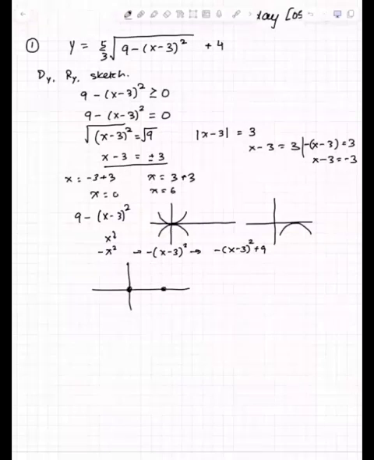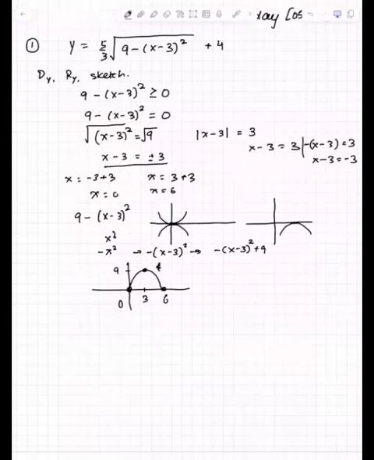X-intercepts at 0 and 6, right? That's this guy. Okay, now what is the vertex of this? Well, we shifted this guy, which was 0, 0, flipped it, so it's still 0, 0, moved it to the right, so it became 3, 0 by 3, and then up by 9, so it's 3, 9, right? So this is 9. Okay, and this is x is 3.